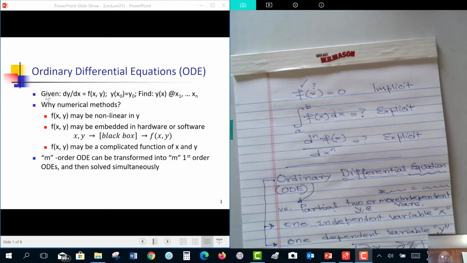Before I move on and talk about why we want to learn numerical methods, for those of you who have not taken an ordinary differential equations course, please don't worry about anything. I am going to teach you whatever you need to know about differential equations. And hopefully, whatever you learn in this course will help you in your differential equations course.